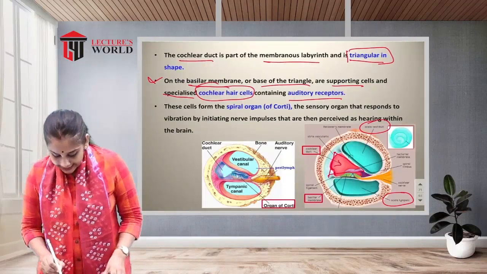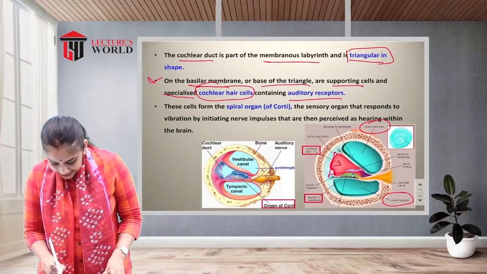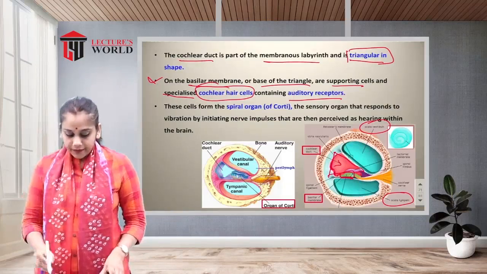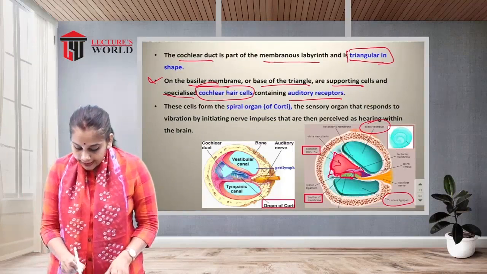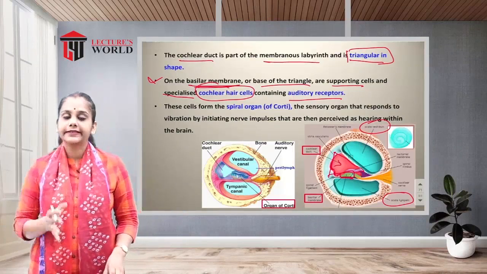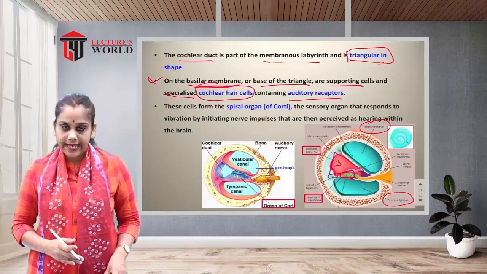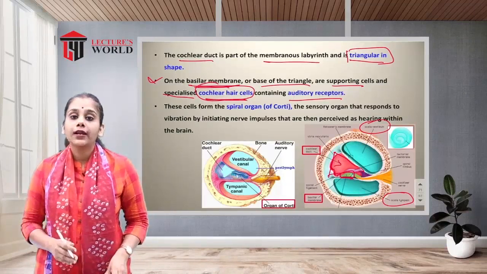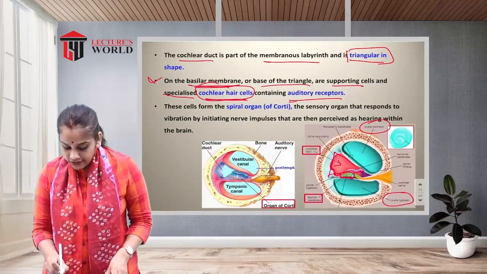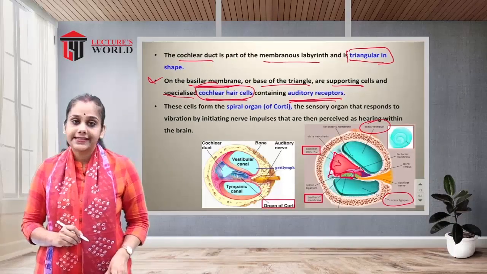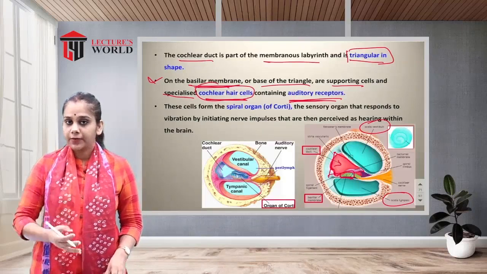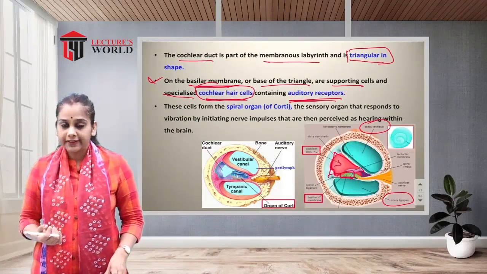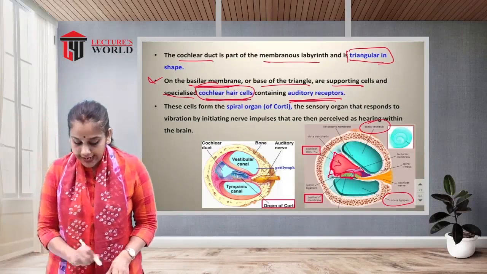See here, in green color, there is a basilar membrane, and on the basilar membrane there are supporting cells that contain the hair cells, the cochlear hair cells, which contain the auditory receptors. The nerve impulses are sent to the brain with the help of hair cells.